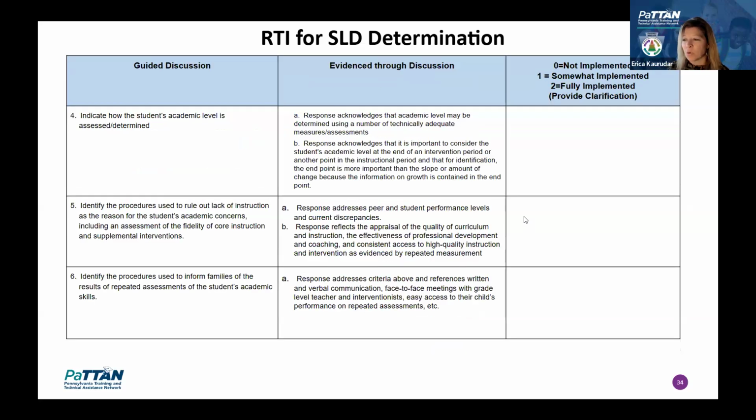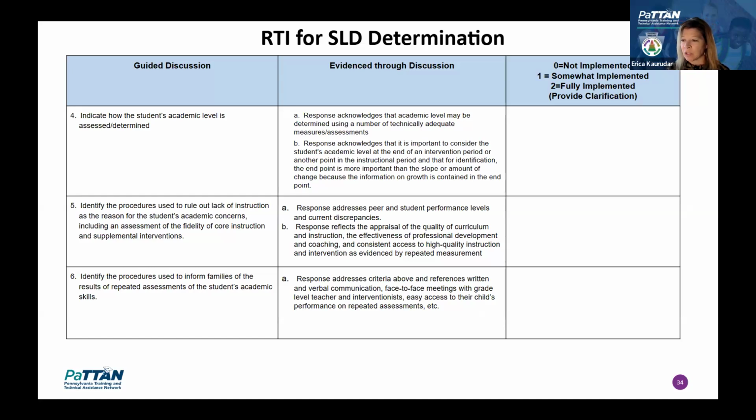As we consider the fourth item, we are going to look at the student's academic level. How is your LEA team assessing and determining what the student's current academic level is? First, it's important to consider technically adequate measures when we are evaluating a child's level of academic performance.